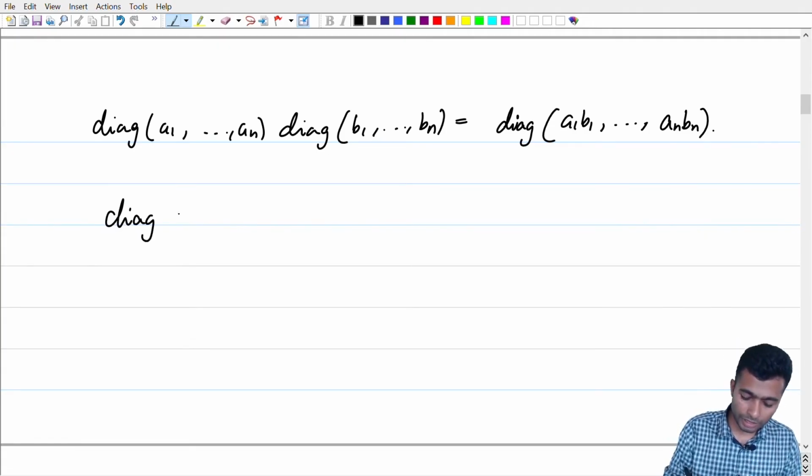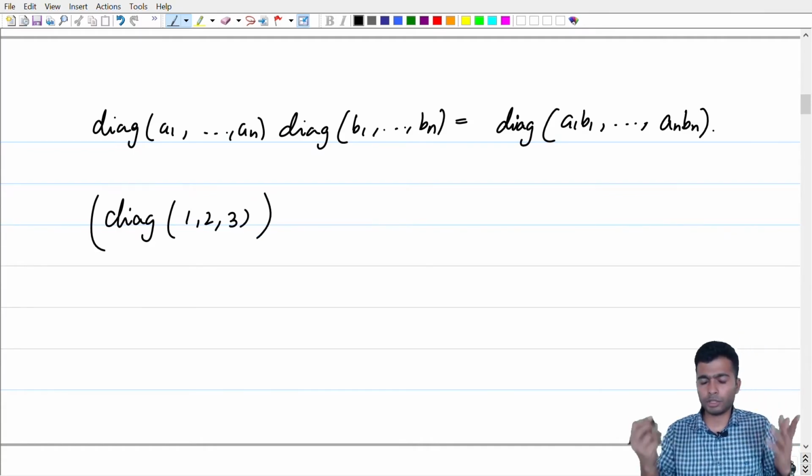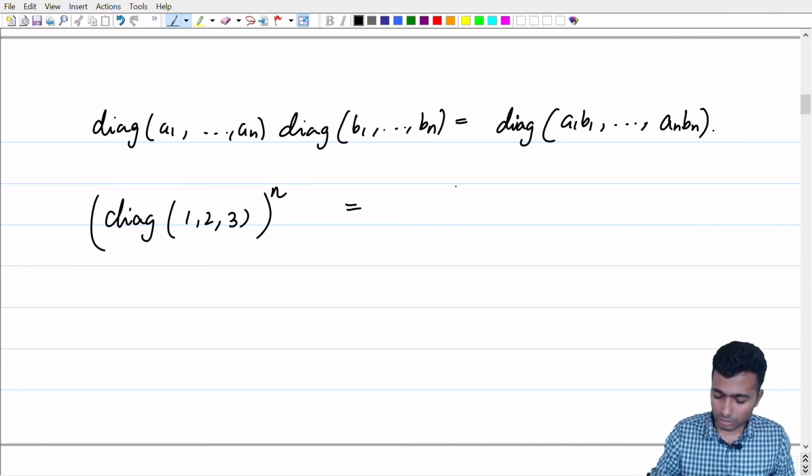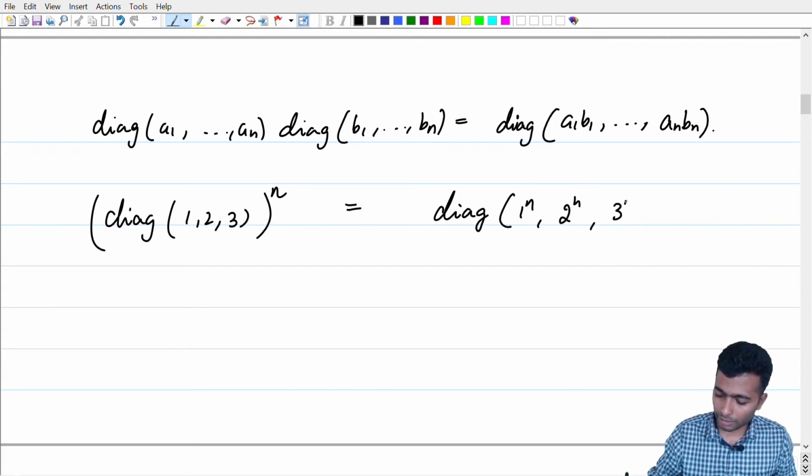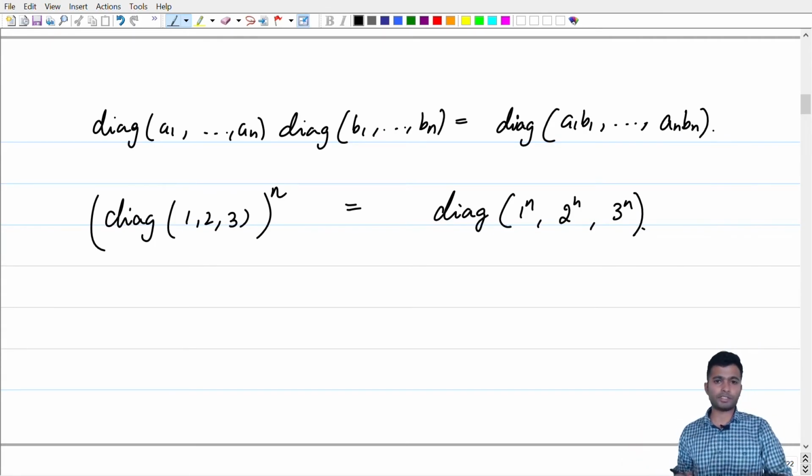which is good because if you look at the diagonal matrix of say 1, 2, 3 earlier and raise it to a power n, this is just going to be equal to the corresponding 1 to the power n, 2 to the power n and 3 to the power n, by what we have just noted. So in particular this is true for any n cross n matrix.